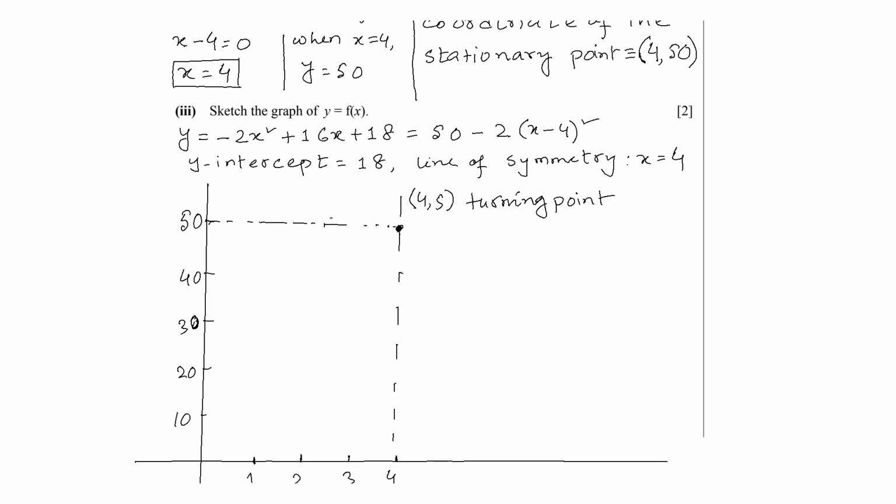Let's mark the y-intercept on the y-axis, which is supposed to be just below the 20 here. So the curve will go through this point and will turn at the turning point or the stationary point.